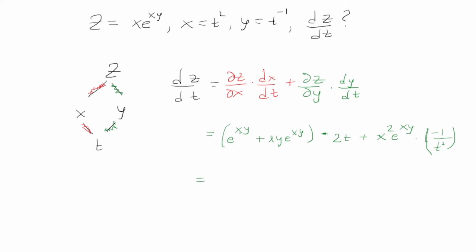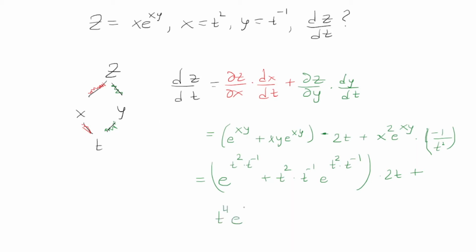Next step, we can replace x and y with respect to t. So x is t squared, y is t to the negative first. Then multiply that by 2t. X we said is t squared, so x squared will be just t to the fourth.